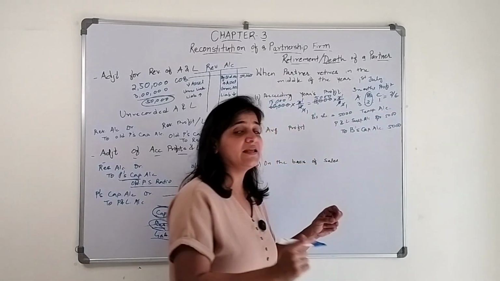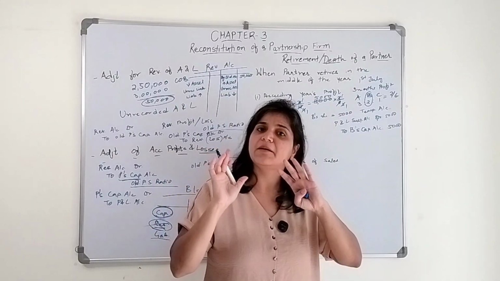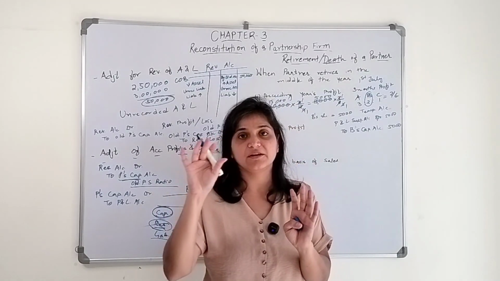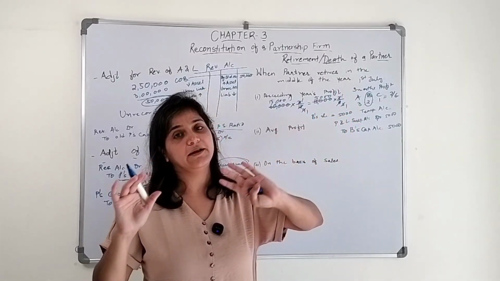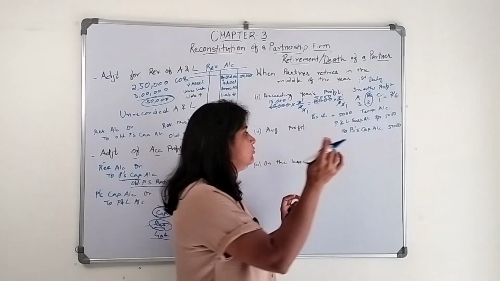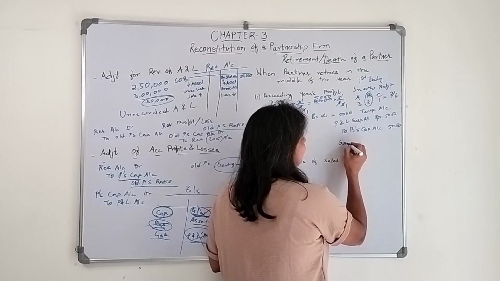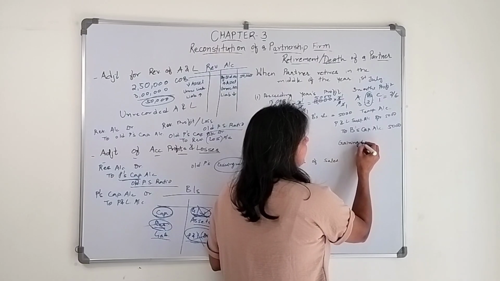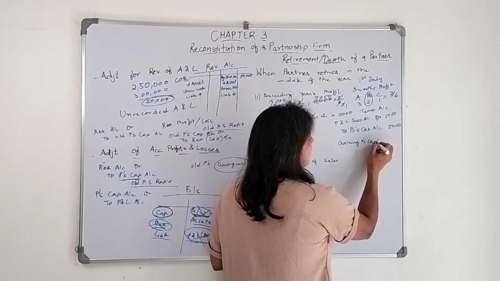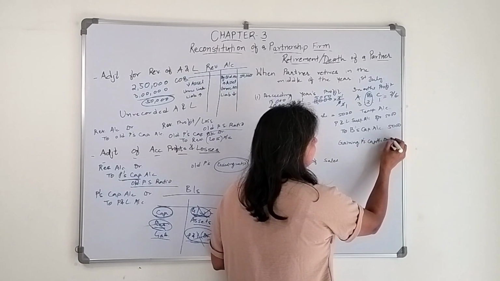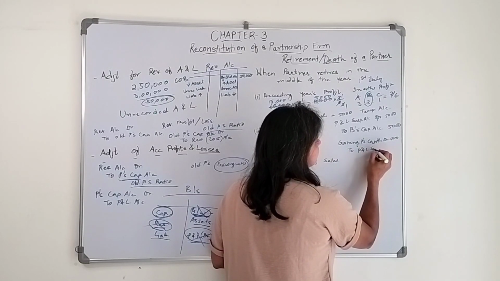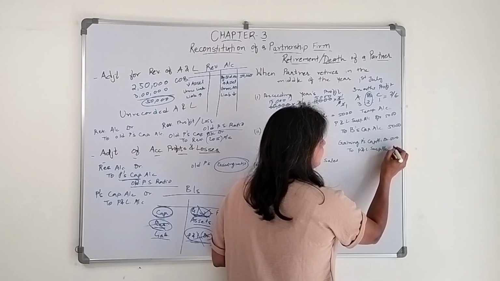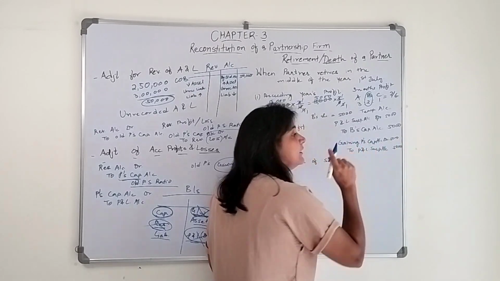So this profit and loss suspense account is a temporary account. When the financial year ends, this profit and loss suspense account will be credited, and the gaining partners' capital accounts will be debited 5,000, and the profit and loss suspense account will be closed.